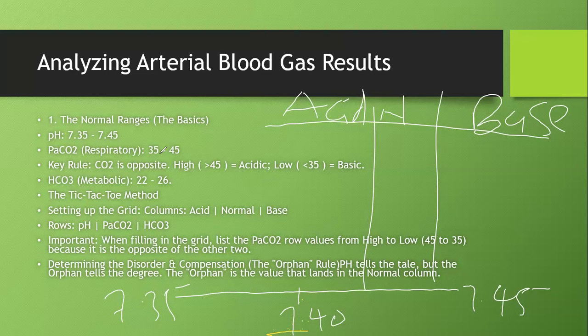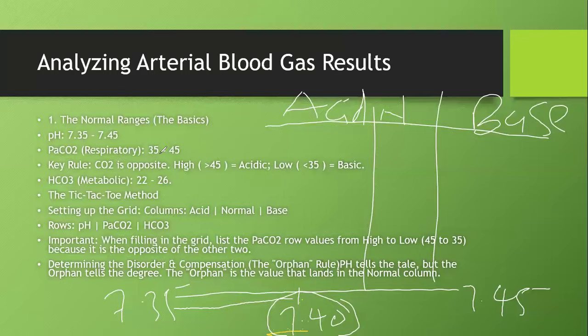But we have something we call absolute pH. I take it again. We have something we call absolute pH, and absolute pH is when you have the pH being 7.40 here. When you have pH being 7.40, it means that the pH is absolutely normal. However, if you have pH between 7.35 to 7.40, it is still normal, but it is going more towards the acidic.